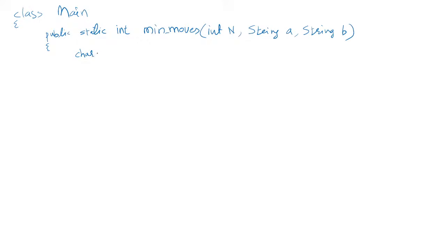Just define a character array here, then say a equals, there is a method in the String class to convert the string into a character array: a.toCharArray. Then the string will be converted into the character array. Similarly convert the second string b into a character array, because we need to access each character in these two strings. That's why it is always good to convert them into character arrays.